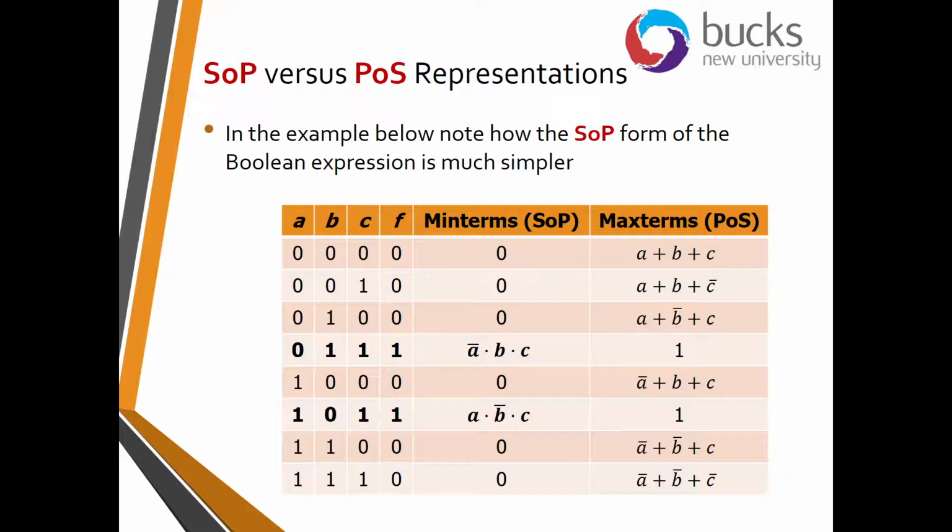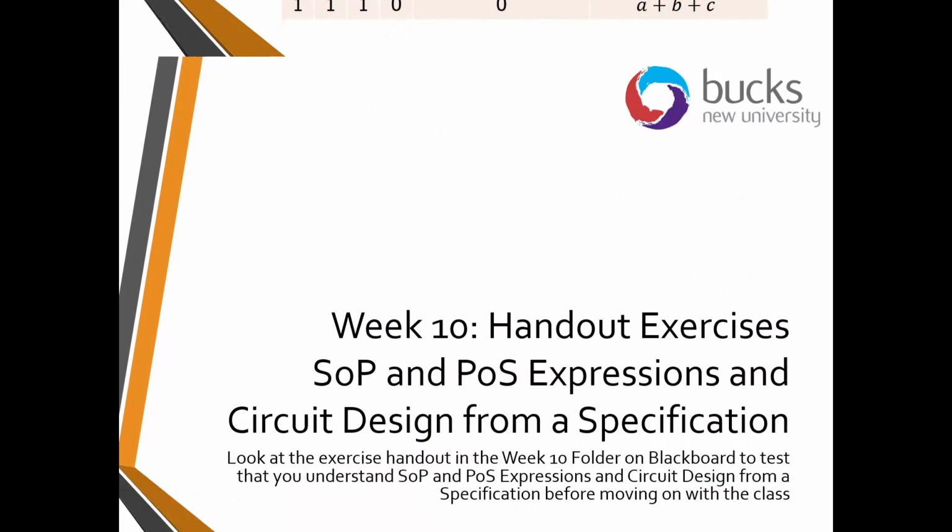Our expression with sum of products is very simple because we only have 2 min terms. If we did it in max terms, using products of sums, we'd end up with 6 parts to our expression. That's a lot more to wire up and build and complicated to work with. So we definitely want to use sum of products for this one.